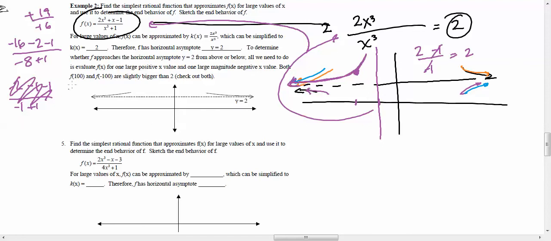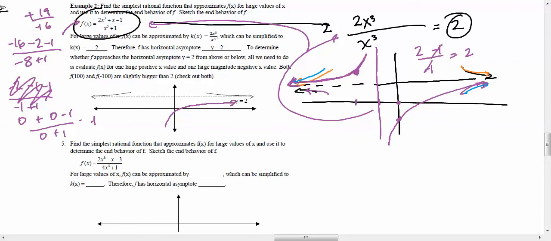I plug in 0 for x over here, I would have 0 plus 0 minus 1 over 0 plus 1, so that would be -1. So it looks to me that at 0, it comes down to -1. So my graph kind of comes down from here. So I would say that maybe, instead of what the book says the correct answer is, the correct answer is actually this. I'll tell you what, why don't we go down to Desmos and see what we can find out.